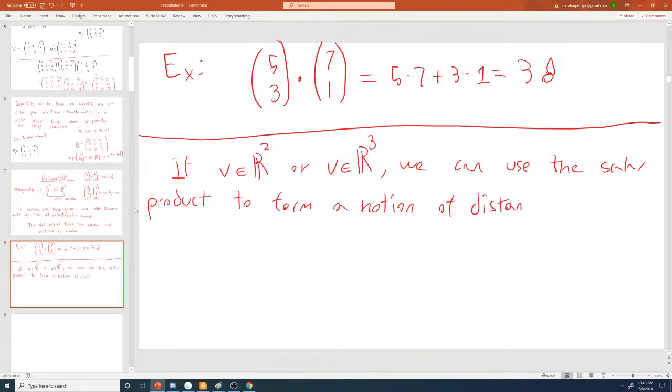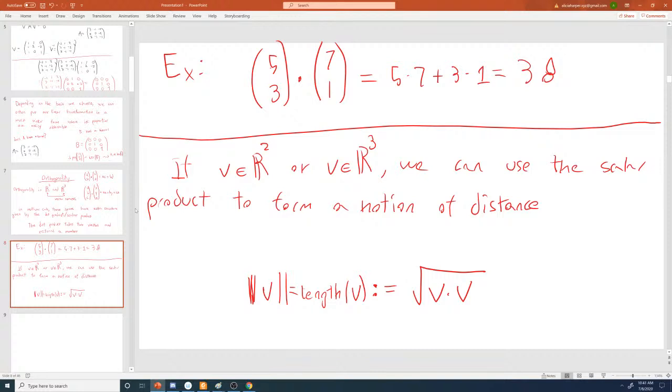And the way we do this is we take two bars, we put them around our vector v, and this is sometimes called the length of v, and it is defined to be the square root of v dot v.